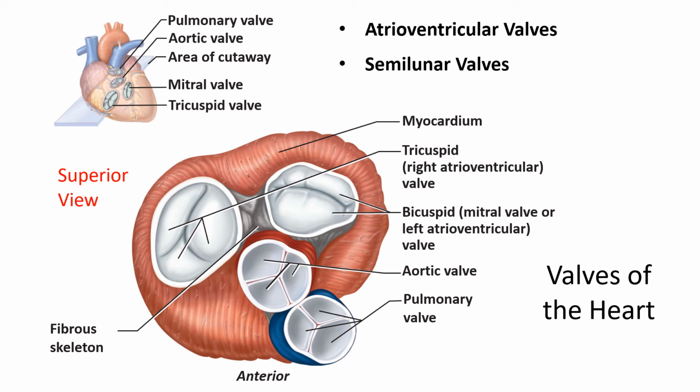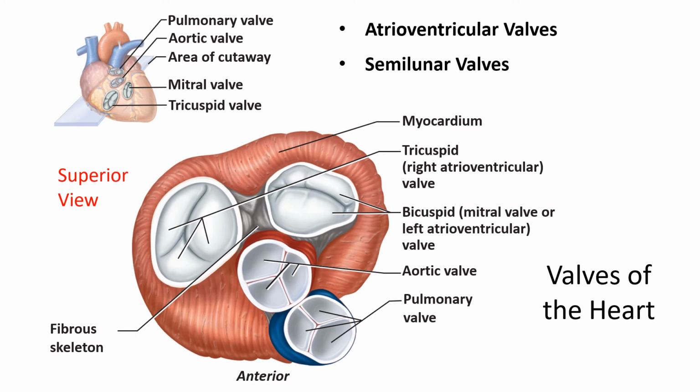So that would be the tricuspid on the left of the diagram, which of course is the right of the heart. So the tricuspid, remember, is the right atrioventricular valve. And then next to that, we have the left atrioventricular valve, which is known as the bicuspid because there's 2 parts, also known as the mitral valve.